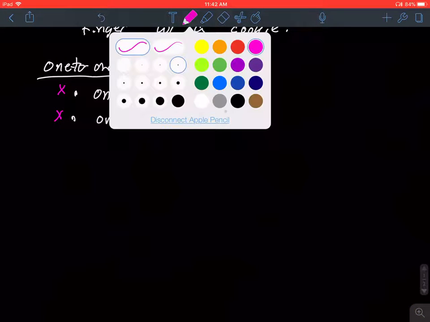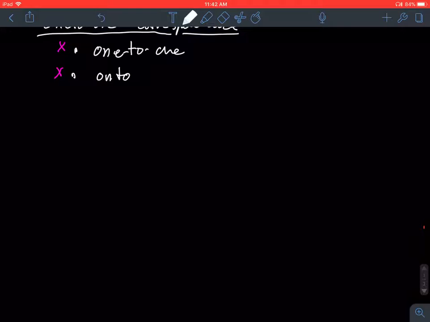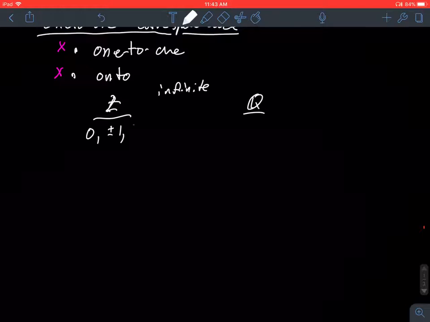Now, you might be thinking, well, this is pretty technical for counting cookies, and you're right. But when we have sets of integers and rational numbers, these are infinite sets. The set of integers contains the number 0, and also 1 and -1, 2 and -2.